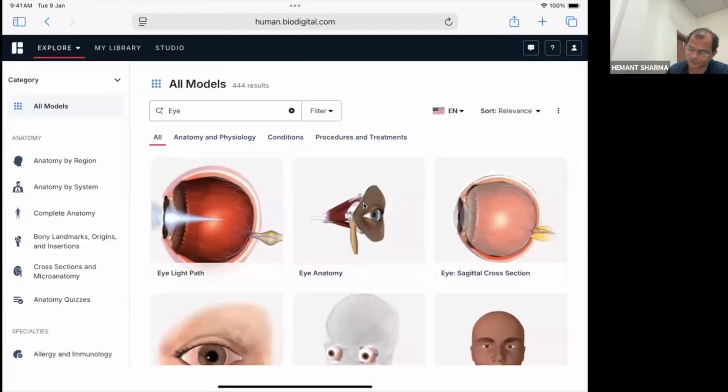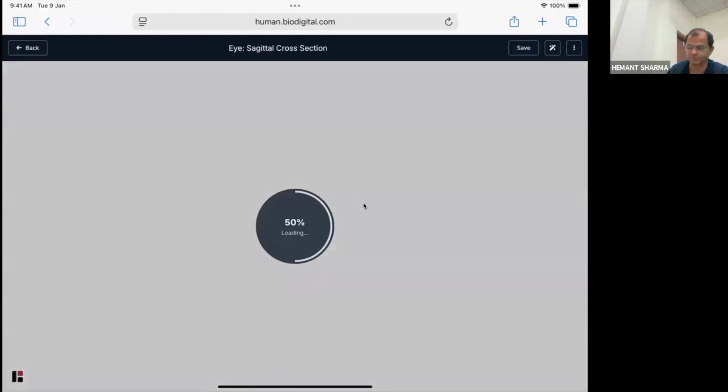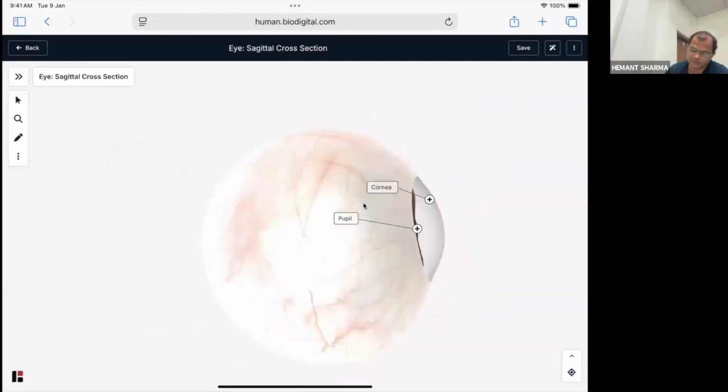Okay. So now let's come back to our previous image. So the outermost tough part of the eyes is sclera, this one.